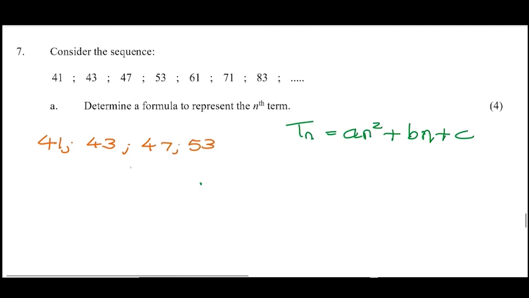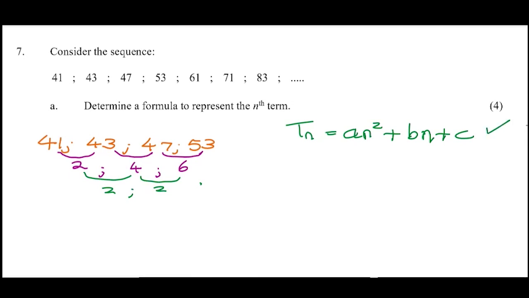Underneath, I'm going to write down the first differences, and the first differences are 2, then 4, then 6. Underneath those, I'm going to write down the second differences, and those second differences are constant at 2. That means that it is indeed a quadratic sequence.